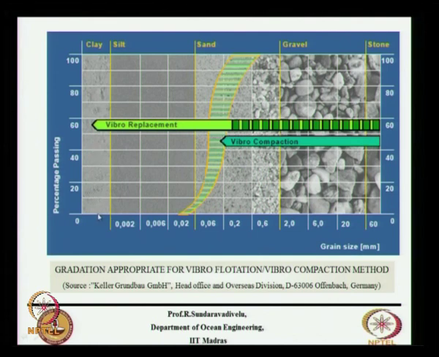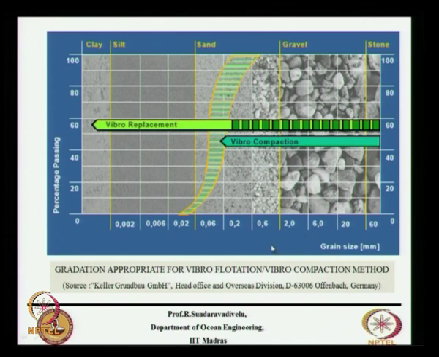If it is less than 0.002, then you will have a clay layer. If the particle size is between 0.002 to about 0.02, then it is called silt. It is bigger, up to 0.4 mm, it is called sand.